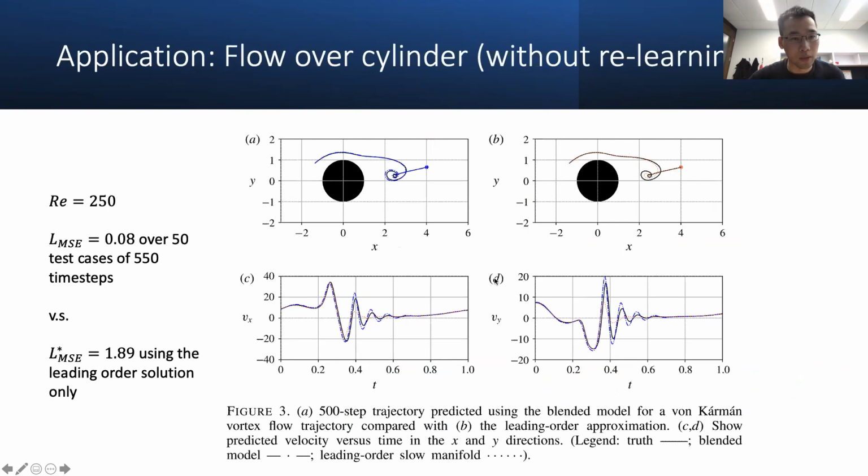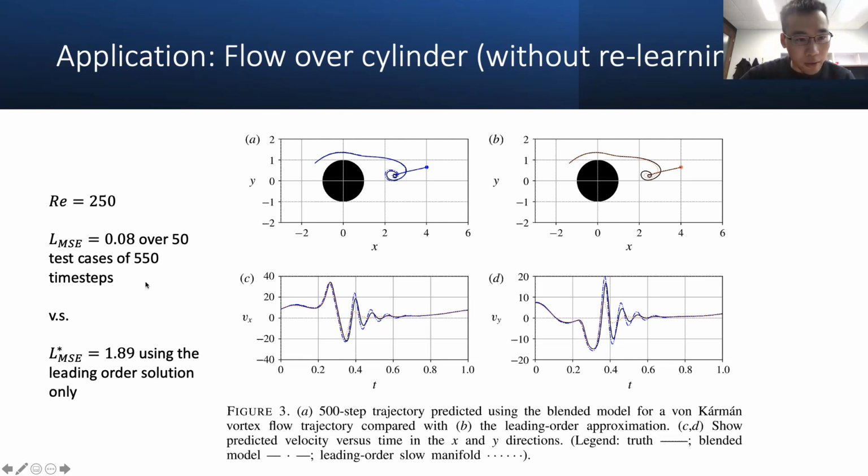And in the next case, they were applying their trained model, which was trained from the previous cellular flow, directly to this flow over cylinder case without a relearning procedure. For this problem, the Reynolds number they picked was 250, so you will have vortex shedding downstream of the particle.